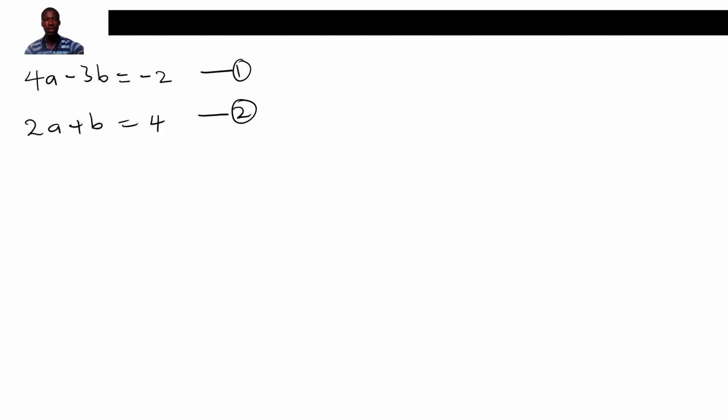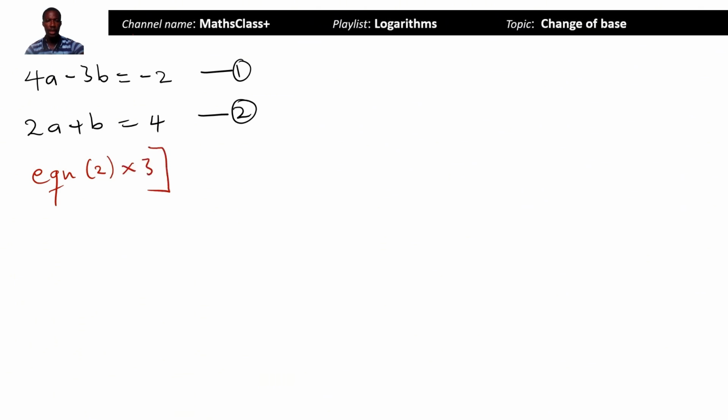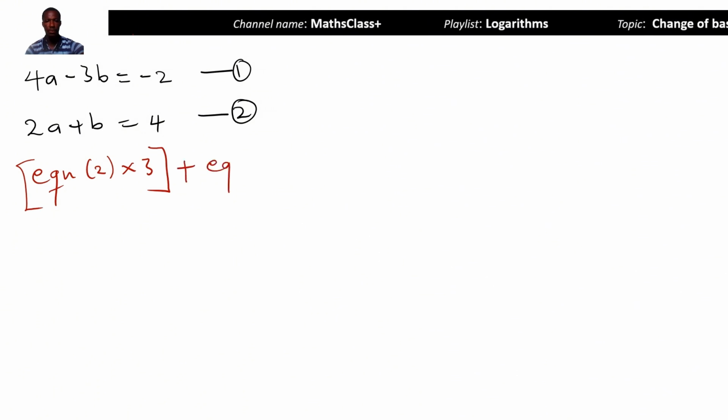Now I solve the two equations simultaneously, and what I will do is multiply equation 2 by 3 and add the result to equation 1.